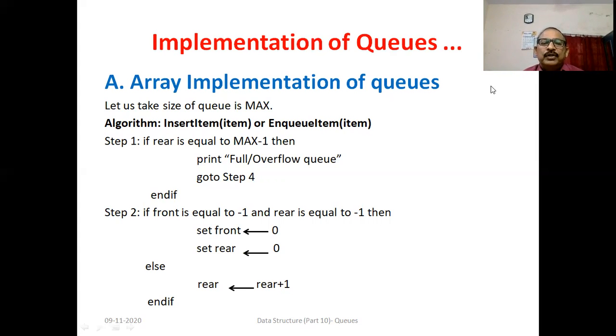Okay, if this is not the case, and if front is equal to -1 and rear is equal to -1, what does it mean? Initially the queue is empty, and at this time we set front equal to 0 and rear equal to 0. If this is not the case, when the queue has at least one item, we simply increment rear by 1.